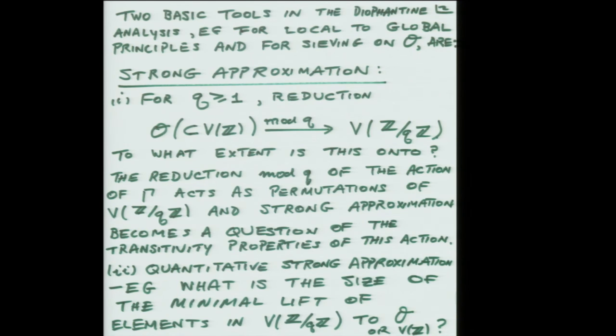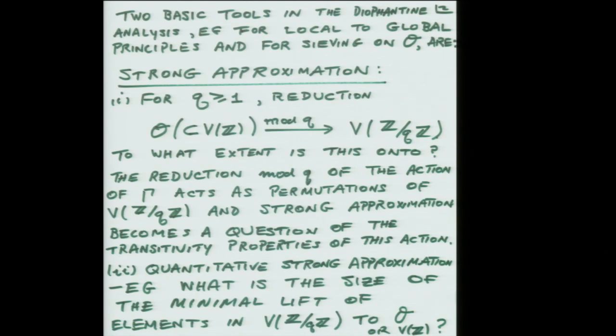Now, because I have an orbit, and the orbit was an orbit of a group, it's easy to see that the morphisms which I started out with, you can remove a finite set of primes. The morphisms that I started out with actually reduce to an action on this finite set, and they act as permutations.